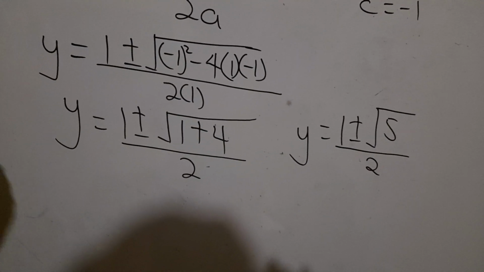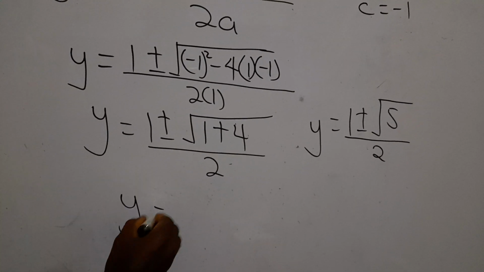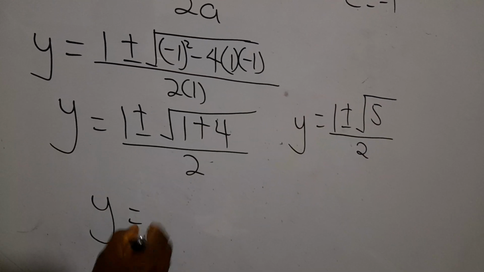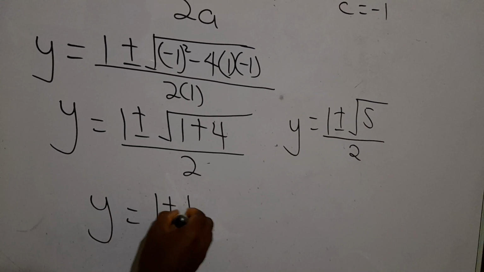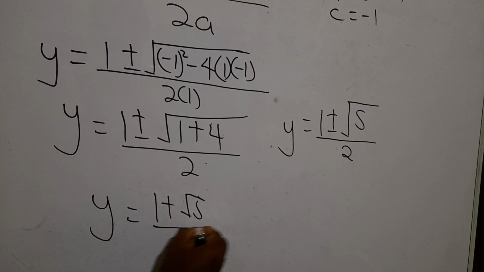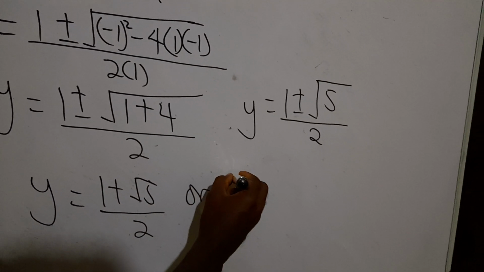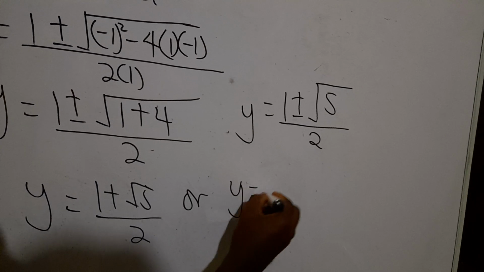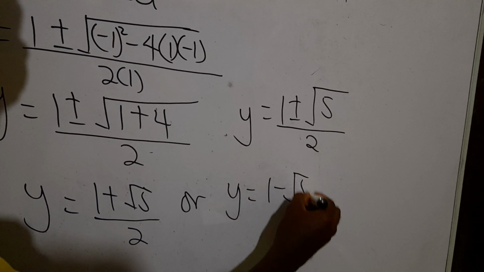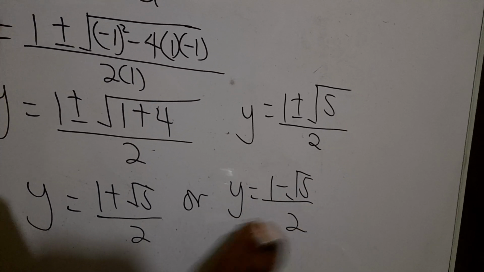Since this is plus or minus, I'll say y equal to 1 plus root 5 over 2 is the first root, then the second root will be y equal to 1 minus root 5 all over 2.